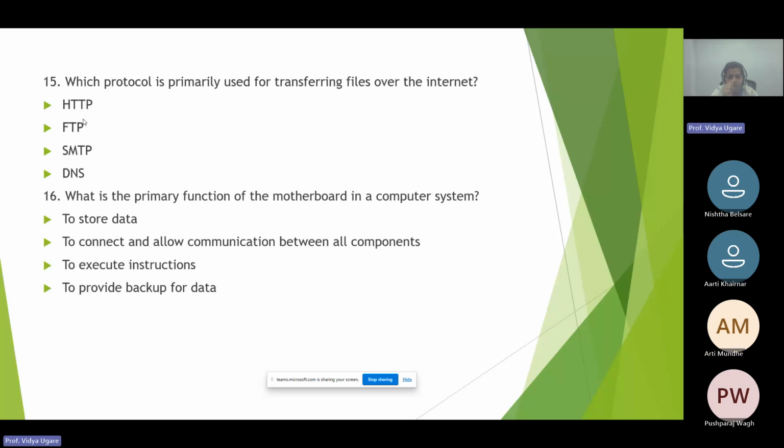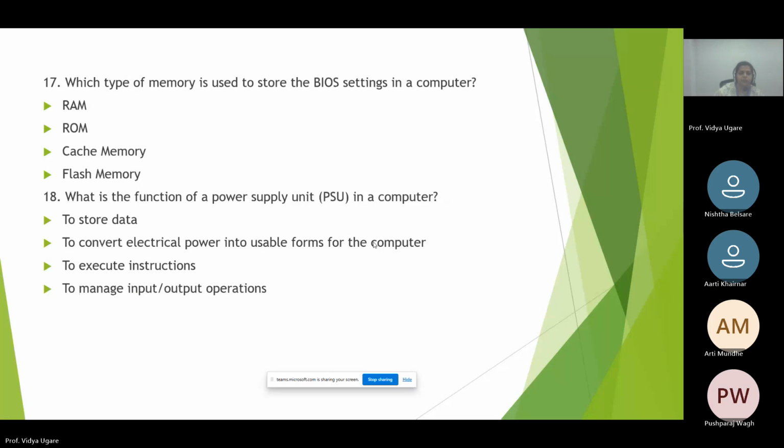It's a mandatory circuit board which we require in a computer, also called the main board or system board, right? How a mother is important for a family, the same way the motherboard is important for a computer, connecting and allowing communication between all the other units and components.